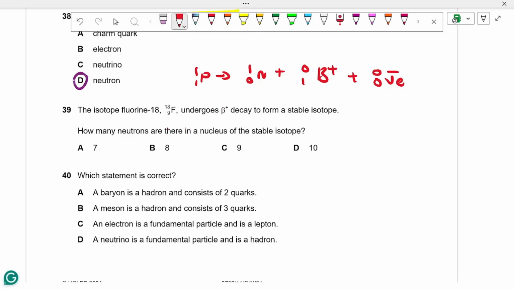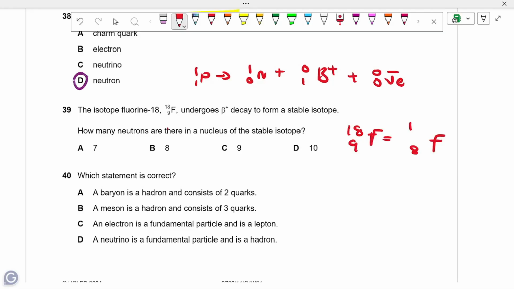Okay, so how many neutrons are there in a nucleus of the stable isotope that will be present? If I start with 18, 9, F, if I lose one proton, I'm left with 8 protons. Then I gain one neutron.